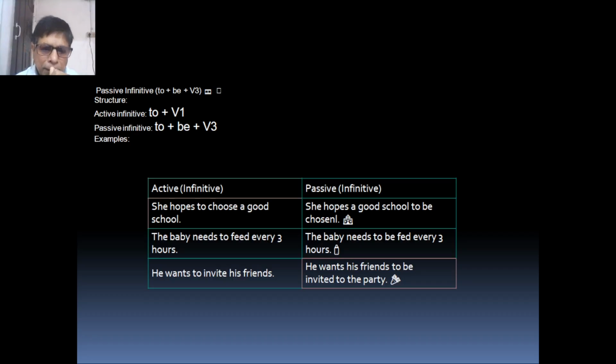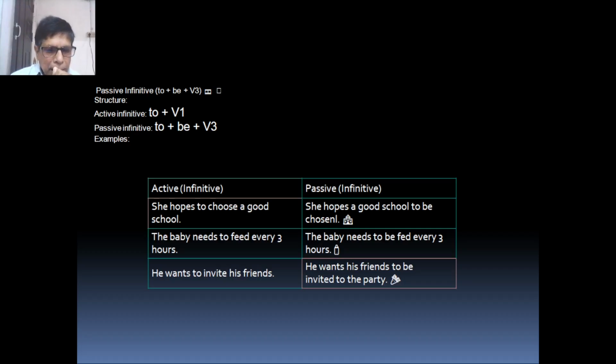For example, to do, to eat, to write, etc. And the passive of this simple infinitive is to plus be, that is the be verb form, plus verb 3, that is past participle form of the verb.